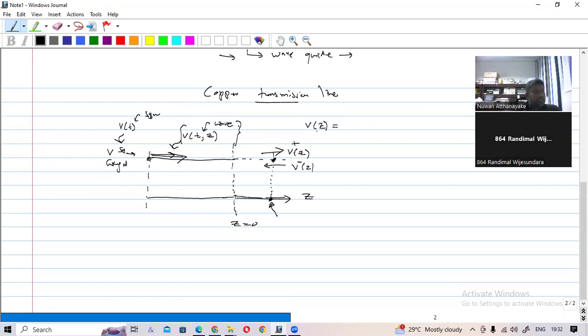So the total Vz at any point will be the forward voltage plus the reverse voltage. Actually, these are not voltage differences.